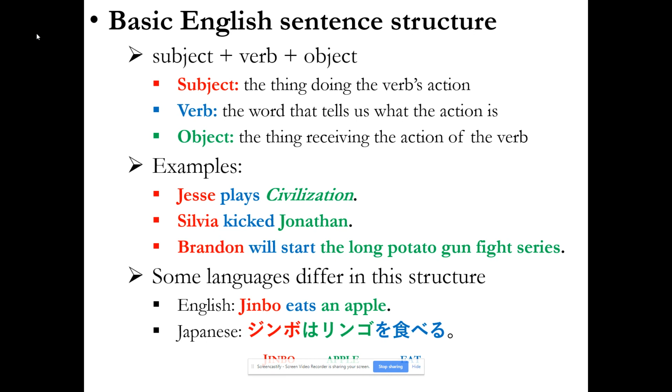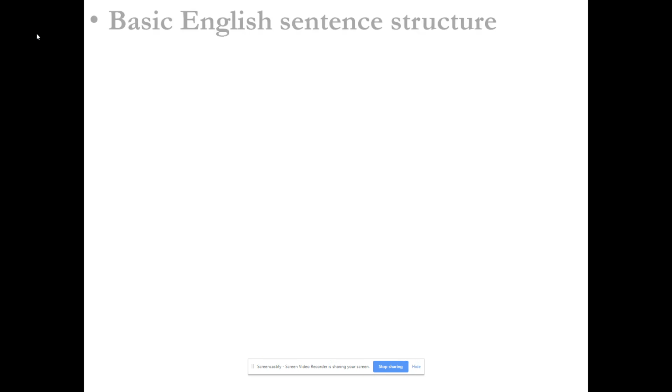That would be how the idea is expressed in Japanese, because in Japanese, the basic syntactic structure is subject, object, verb, instead of subject, verb, object, like in English and many other European languages.